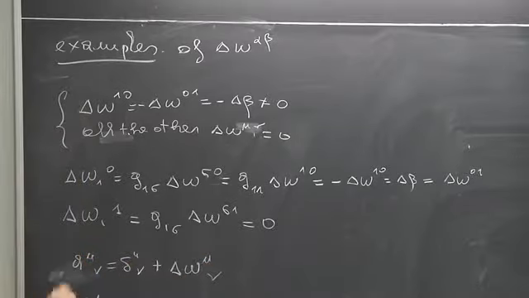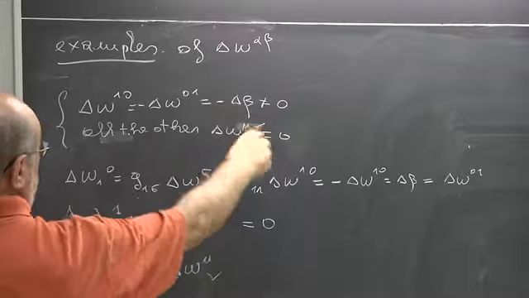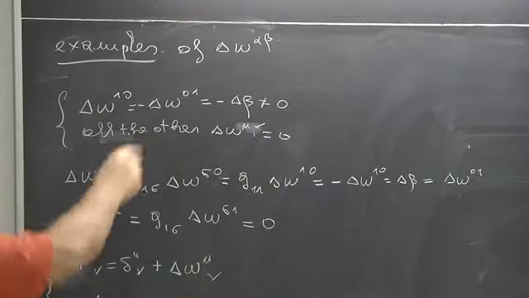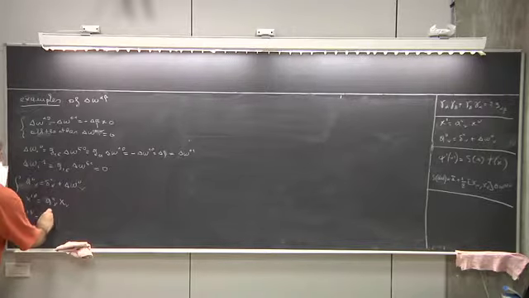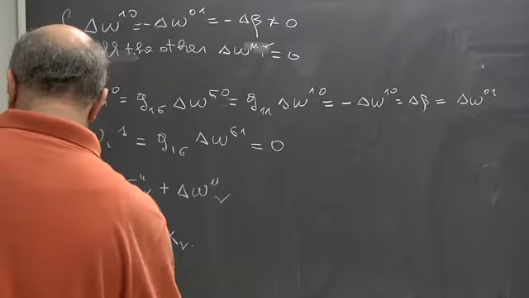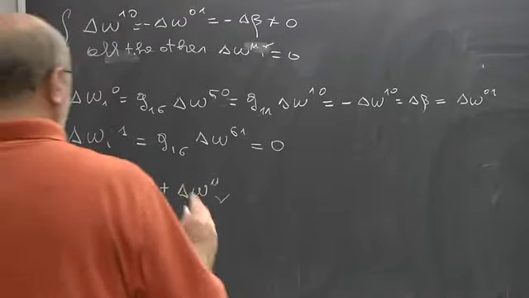So let's put in this expression and see what we get. With this choice, where all the others are 0 except this element, we get x prime nu equal delta nu mu plus, we have only two.